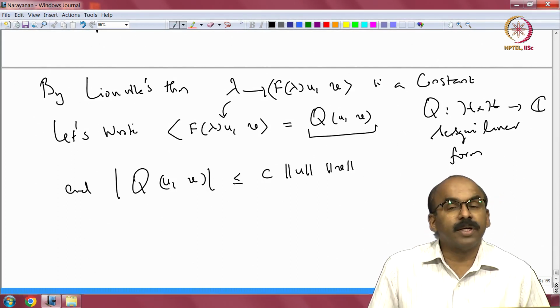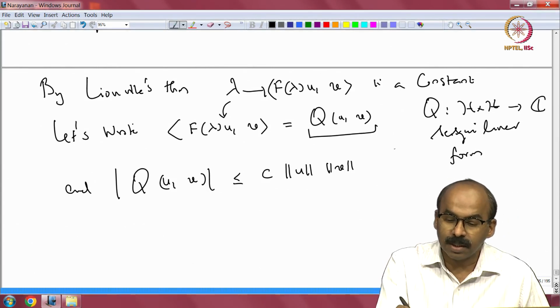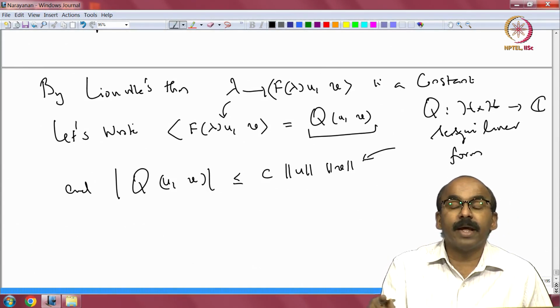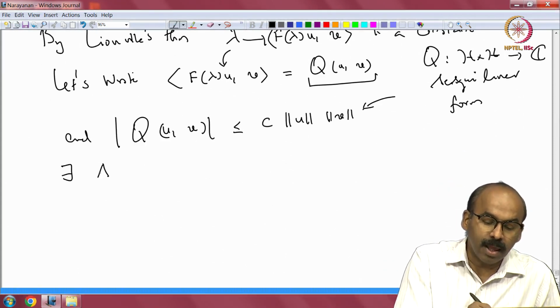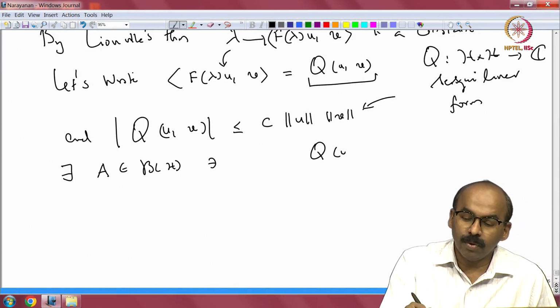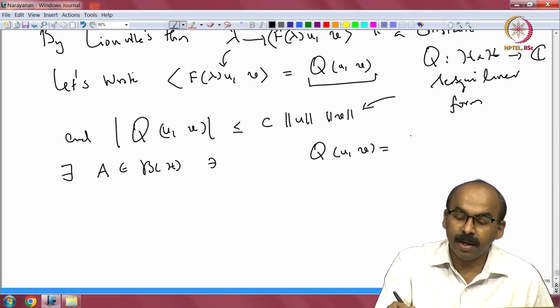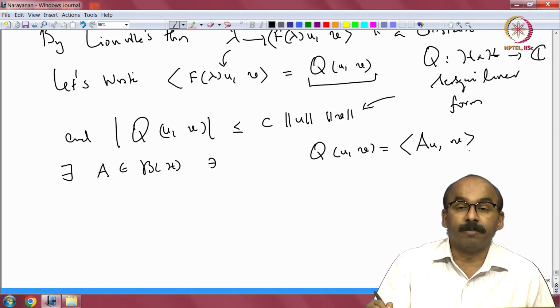But this we have seen already: if you have a sesquilinear form which is continuous, that means it has this estimate, then it is given by an operator. So, there exists A, a bounded operator, such that q u v is given by the inner product of A acting on u with v.